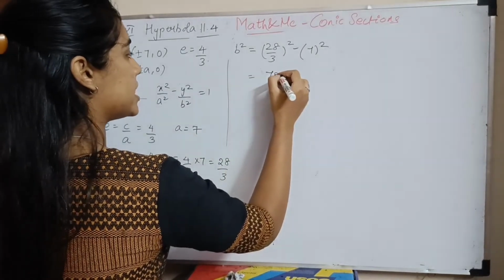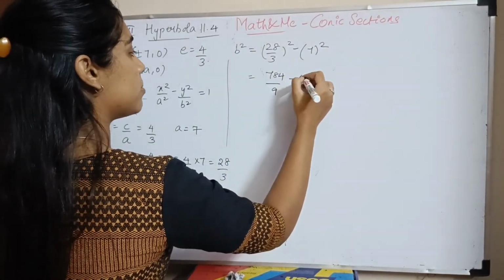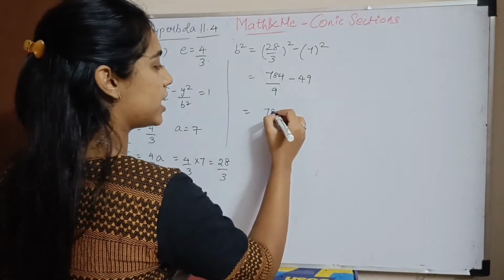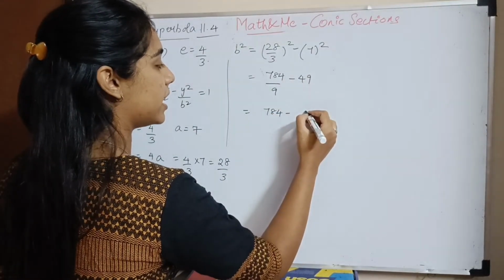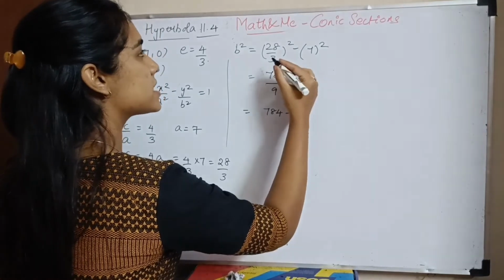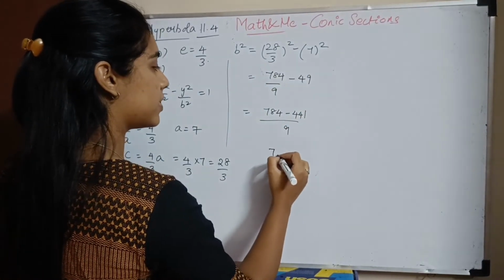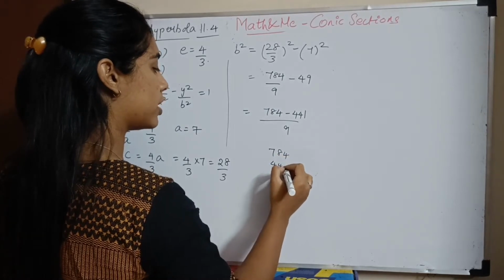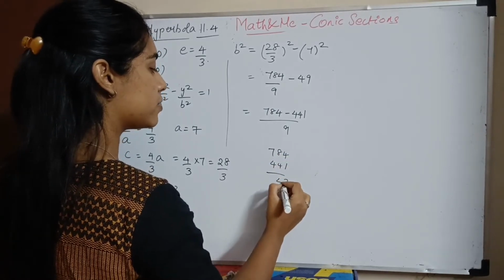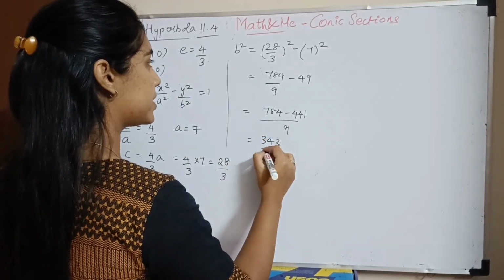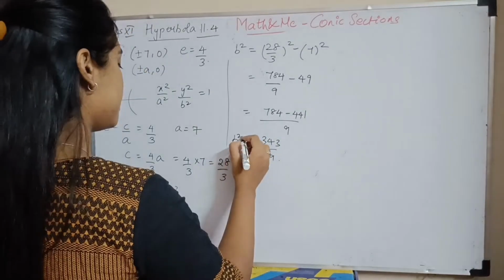Which is 784 divided by 9 minus 49. When I take the LCM, I have 784 minus 441 divided by 9, which is 343 divided by 9. That is my b square.